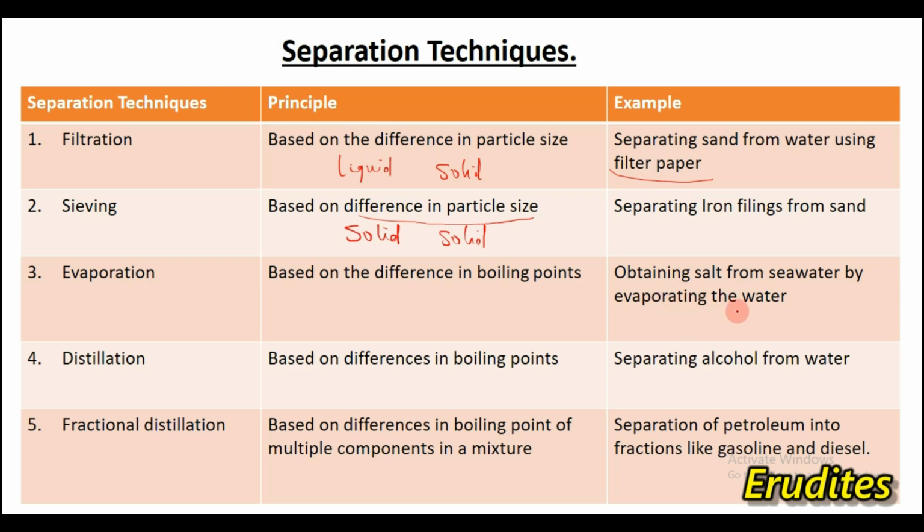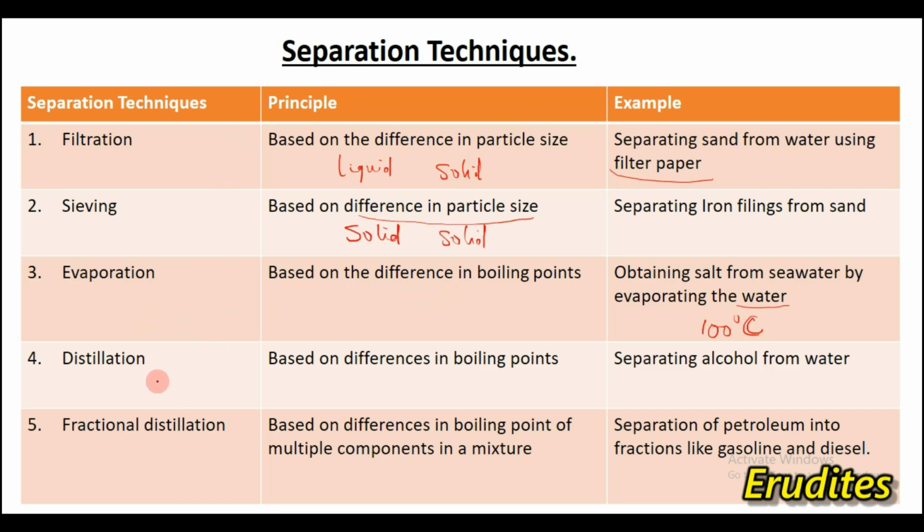As in, the water is going to evaporate, leaving the salt behind. Why is it so? Because water will boil at 100 degrees Celsius and it will begin to evaporate. It will begin to disappear into the air while the salt will remain. So the principle of evaporation is based on the difference in boiling point. Salt will not boil at 100 degrees Celsius.